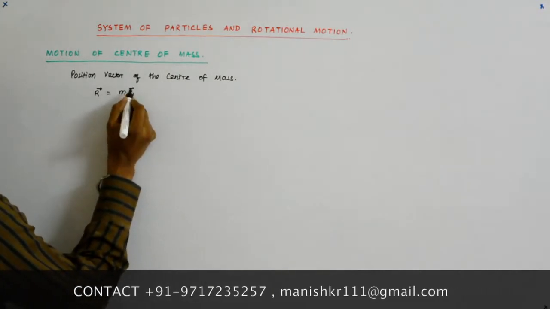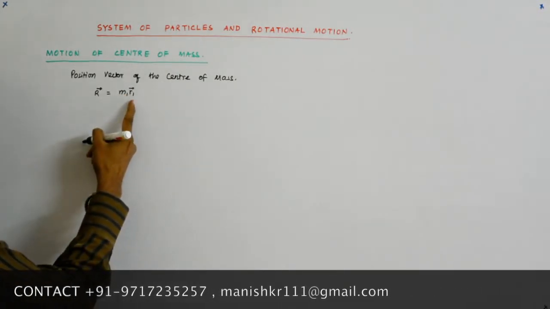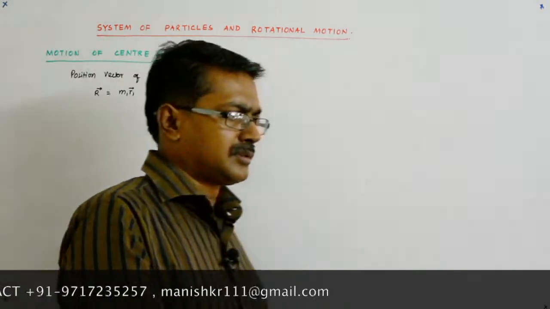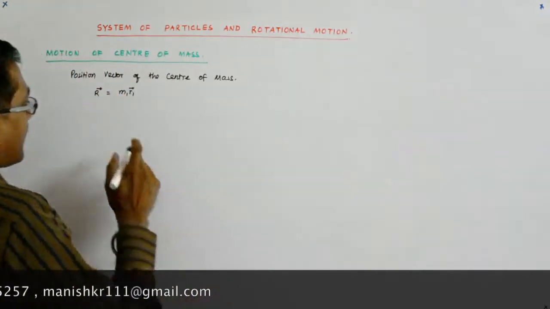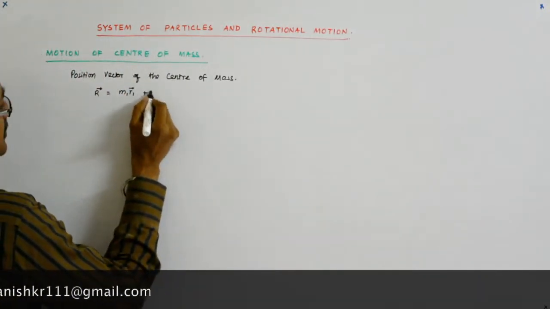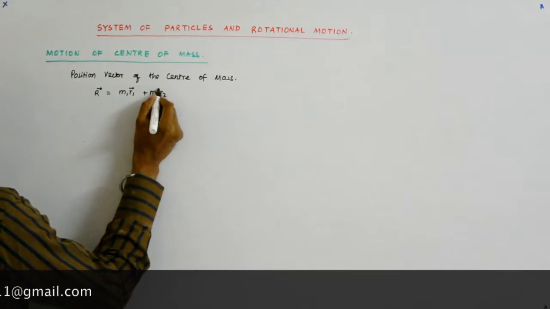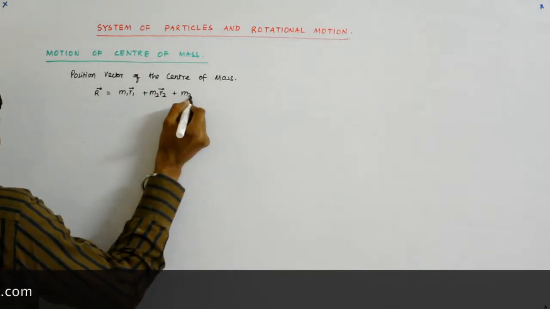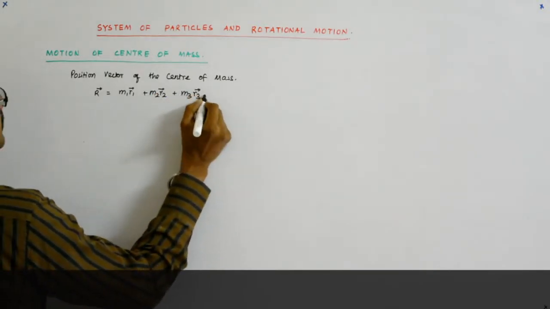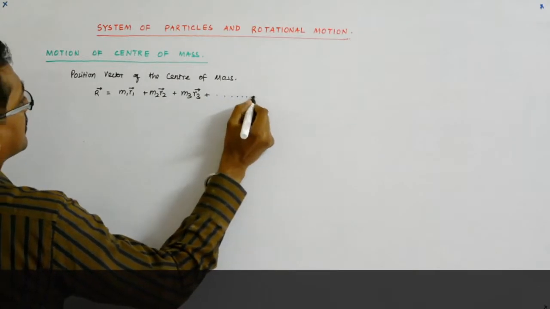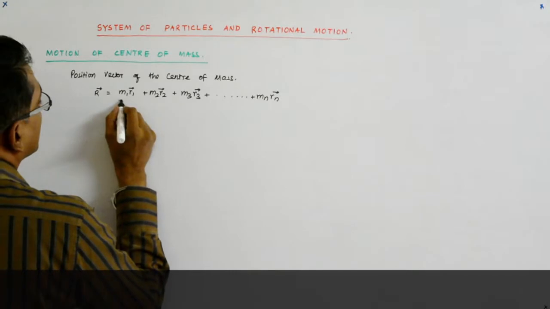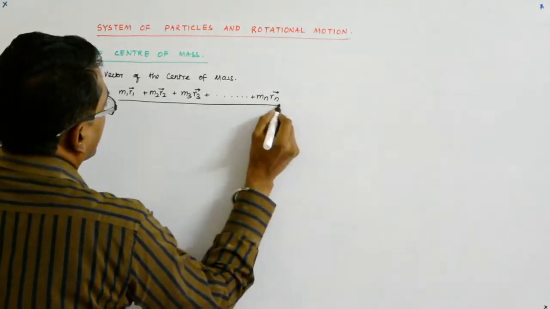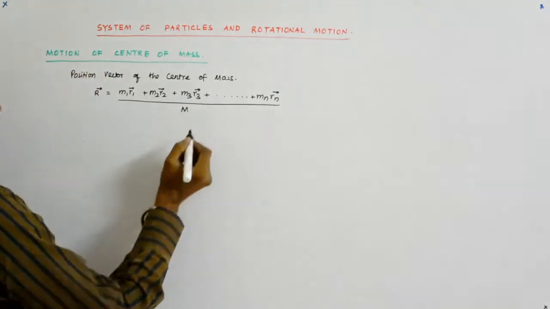It was m1 r1. This r1 was the position vector of the point where mass m1 was located, right? So it was m1 r1 plus m2 r2 plus m3 r3 plus up to mn rn, divided by capital M, right?